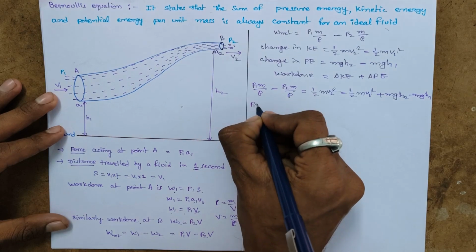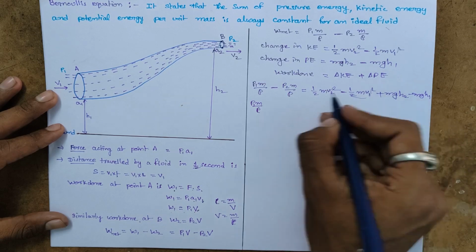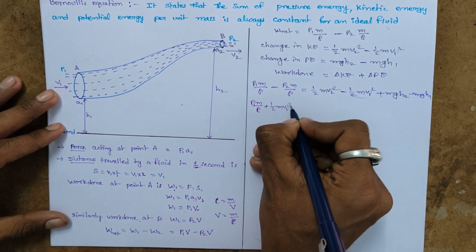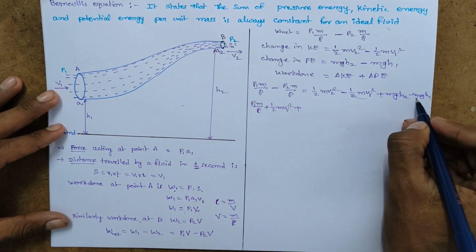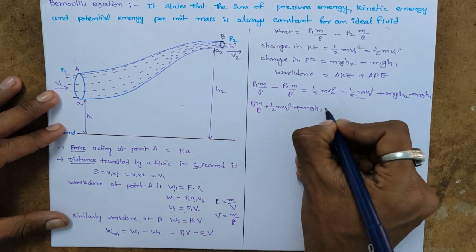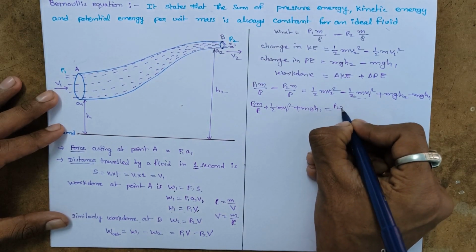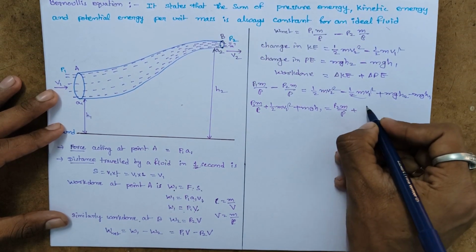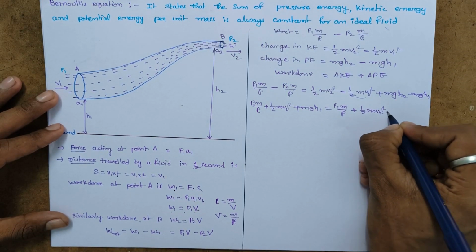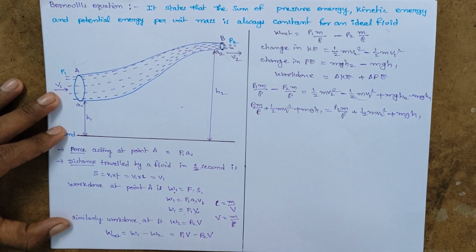Bring half mv1 square to the left side, that becomes positive half mv1 square, plus, bringing mgh1 to the left side, mgh1, is equal to, on the right side, P2 m by rho plus half mv2 square plus mgh2.